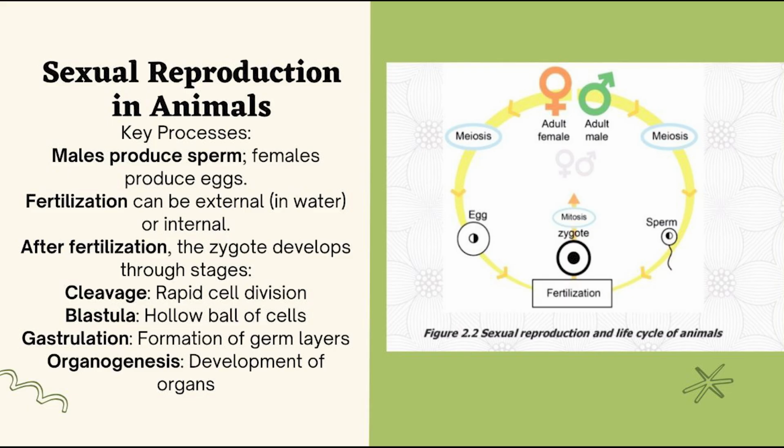Sexual reproduction in animals. In sexual reproduction, males produce sperm and females produce eggs. Fertilization can be external, like in many aquatic animals, or internal, which is more common in mammals, birds, and reptiles.